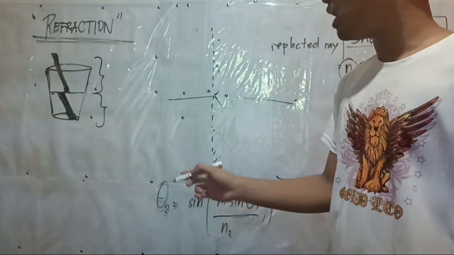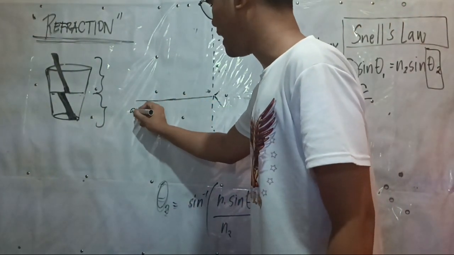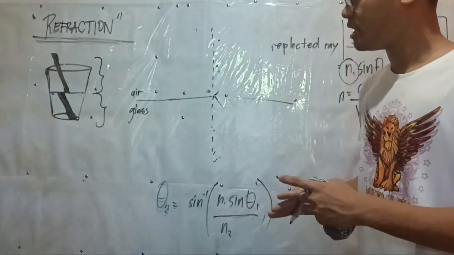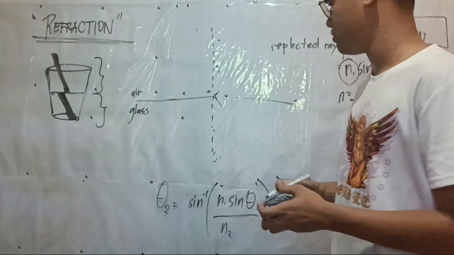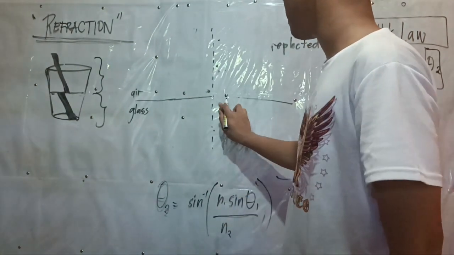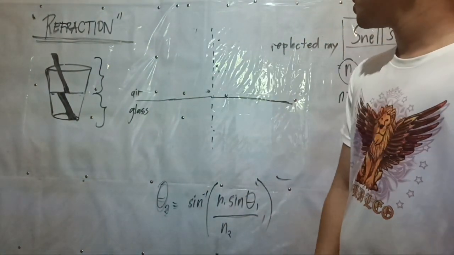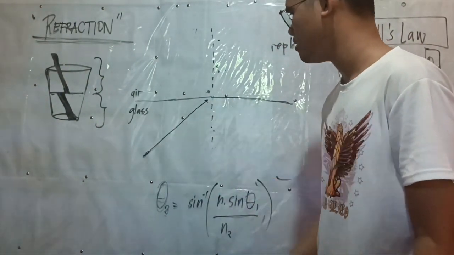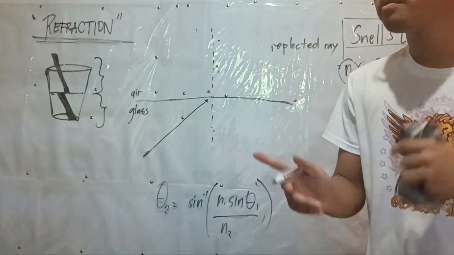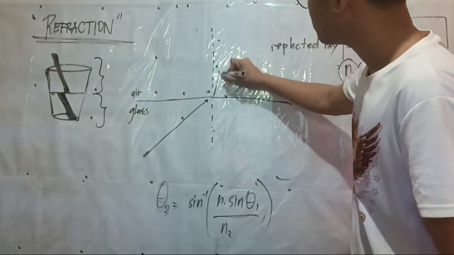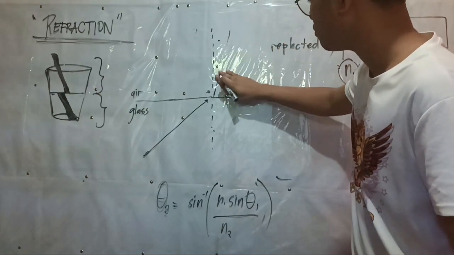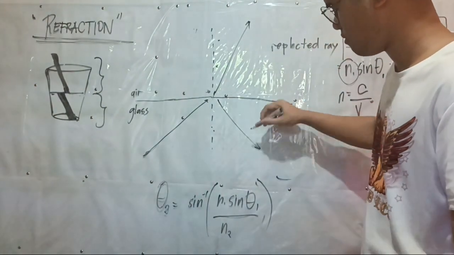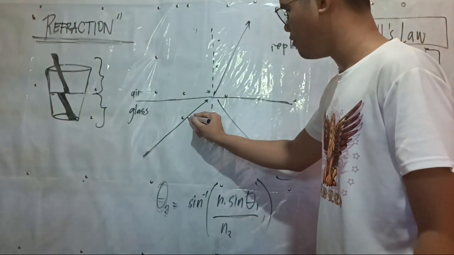We're going to use the illustration between glass and air. What if light passes from the glass into the air? We have a light coming to our point of incidence, right here, and we know that it can refract, or it can reflect.